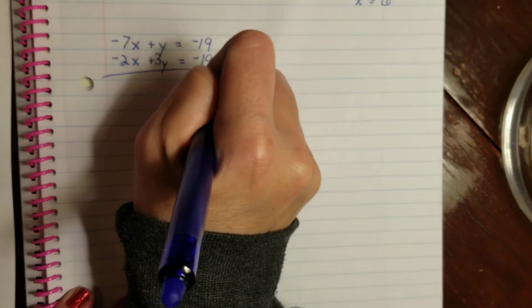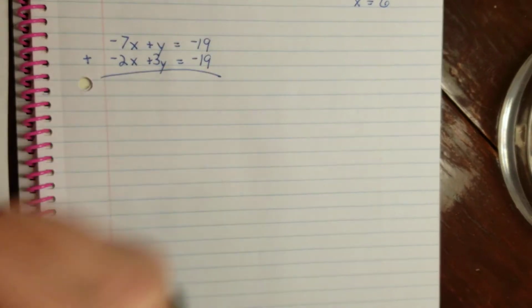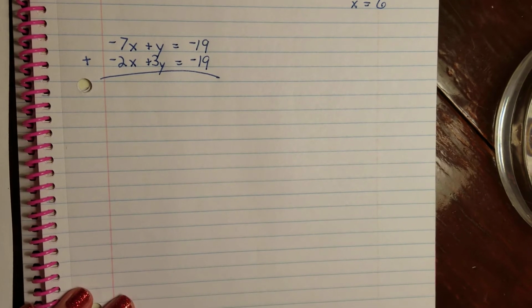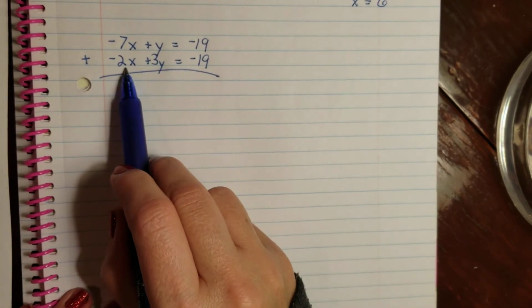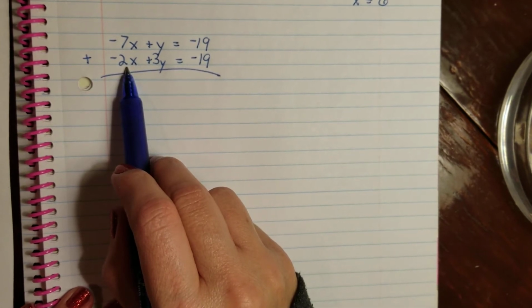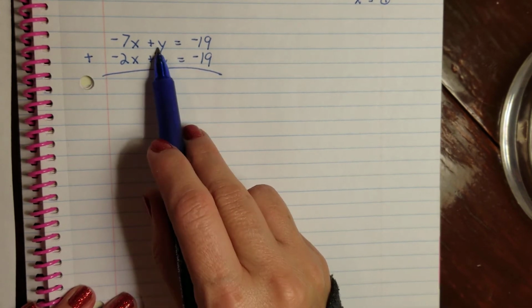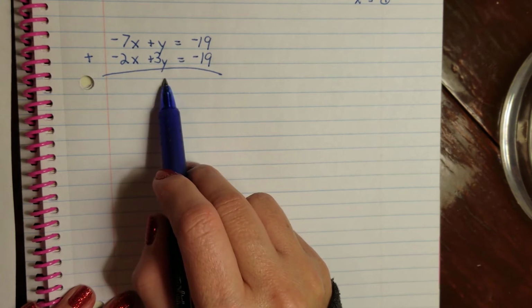I'm going to create a big addition problem. If I added up my x's, negative 7x and negative 2x, they would not eliminate. That would give me negative 9x, and that's okay. If I add up my y's, they would not eliminate. 1y plus 3y would give me 4y's.